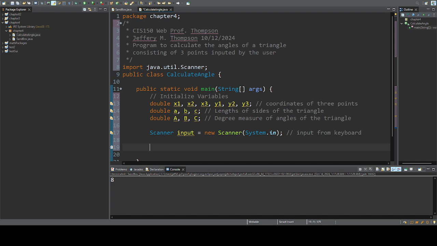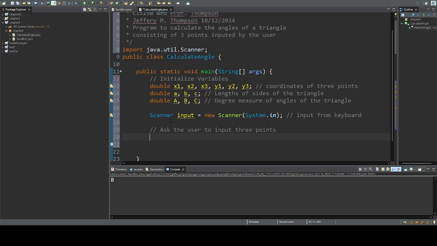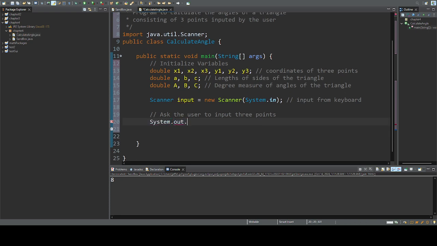So what we'll do is we'll ask the user to input 3 points. And I'm going to ask them in order. Enter point 1, X, Y. So we'll ask them to enter point 1 as a pair X, Y.